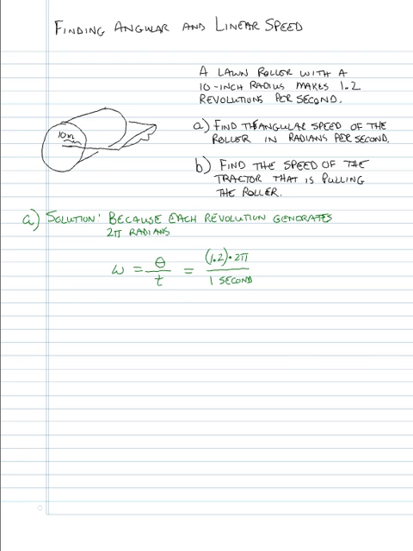So we'll have 1.2 times 2 pi radians that we move through. So what do we get? We get 2.4 pi radians per 1 second.